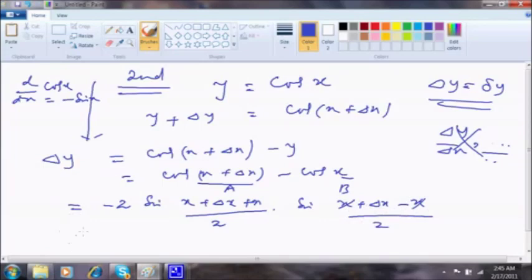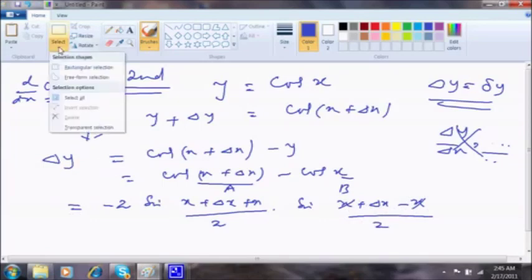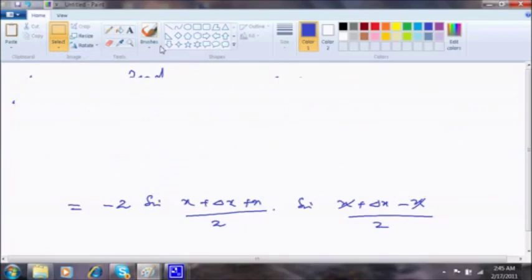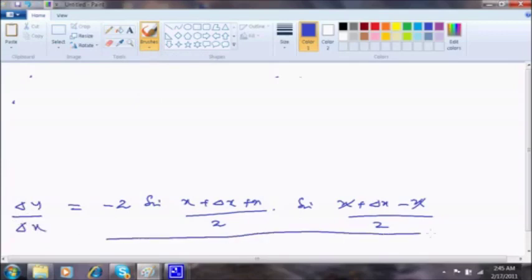So this comes to be delta y. So as discussed, I'll divide by delta x on both sides, and I'll write limit delta x tends to 0.